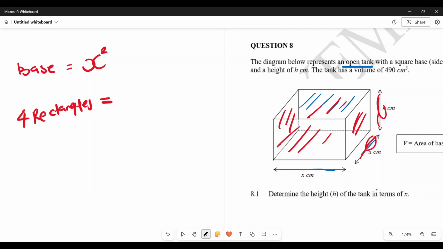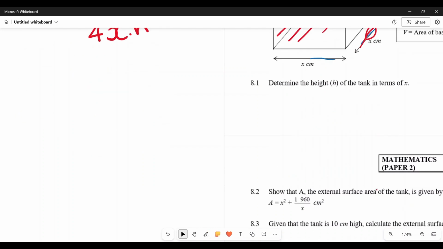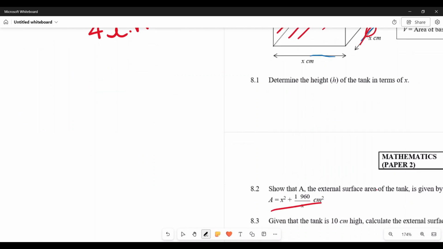The formula for the area of a rectangle is length times breadth, so I can write it like this: x multiplied by h. Because I have 4 rectangles, the total area for these 4 rectangles is going to be 4 multiplied by x times h.